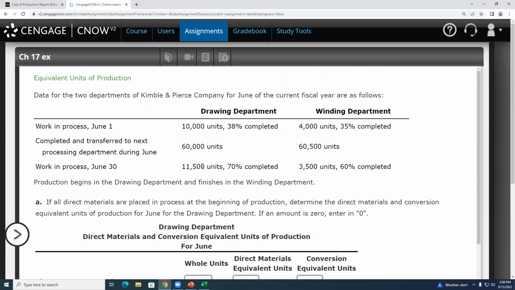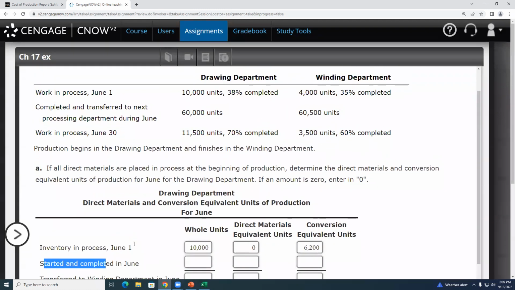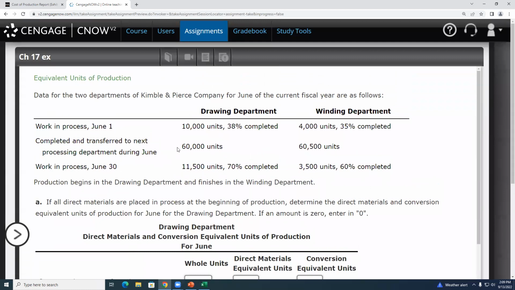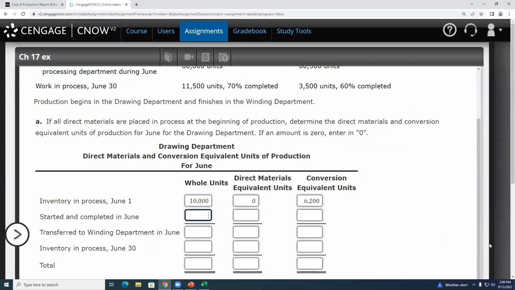Now the next line says units that were started and completed. So here we're told that we completed 60,000 units, but we know that 10,000 of those units we actually started in May. So how many of those units did we start and complete in June? 50,000, thank you.